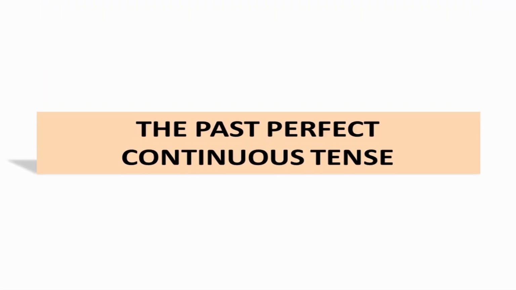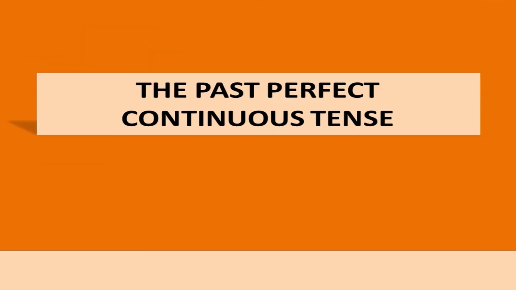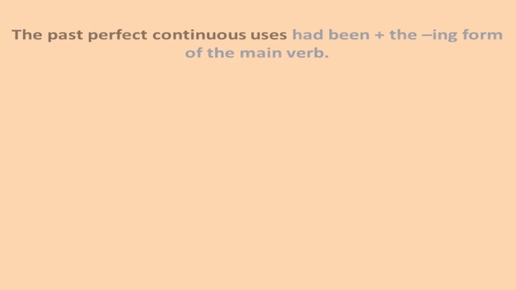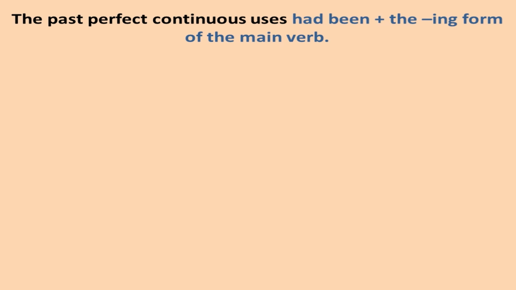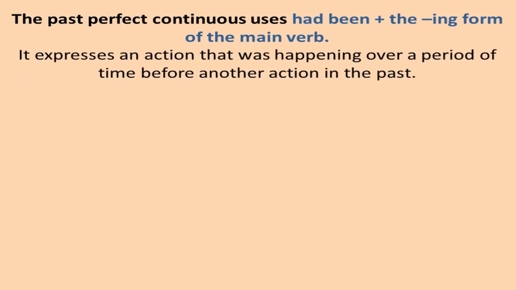Let's talk about the past perfect continuous tense. The past perfect continuous uses had been plus the ing form of the main verb. It expresses an action that was happening over a period of time before another action in the past.